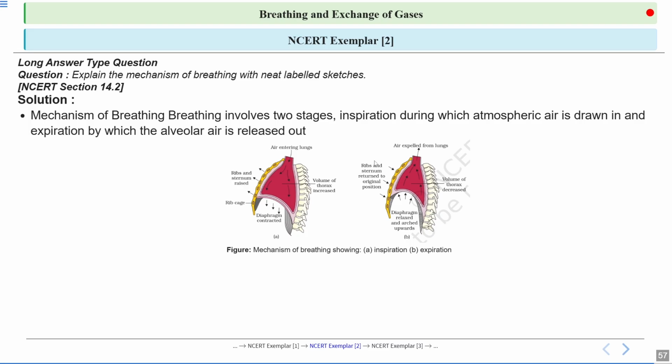Now when the ribs go downward in the relaxing mode, and when the muscles attached to the diaphragm relax, the diaphragm moves upward, taking its original dome shape, right? And you can see the thoracic region has less volume, and the air moves out of this region, right?